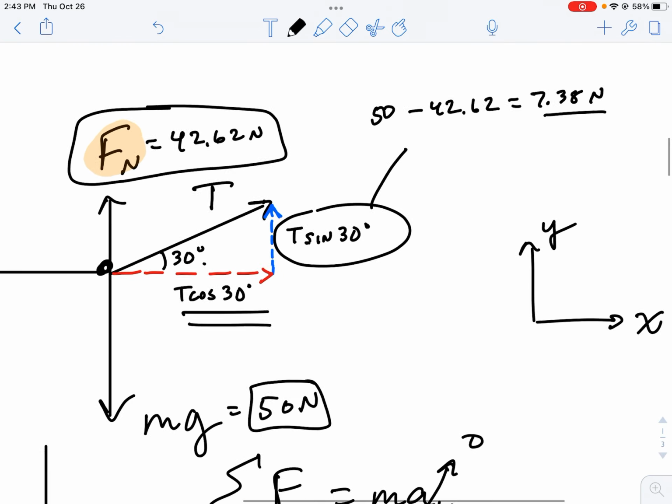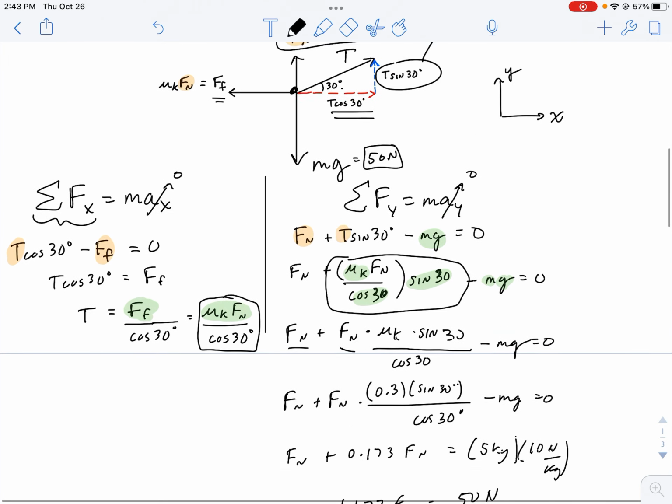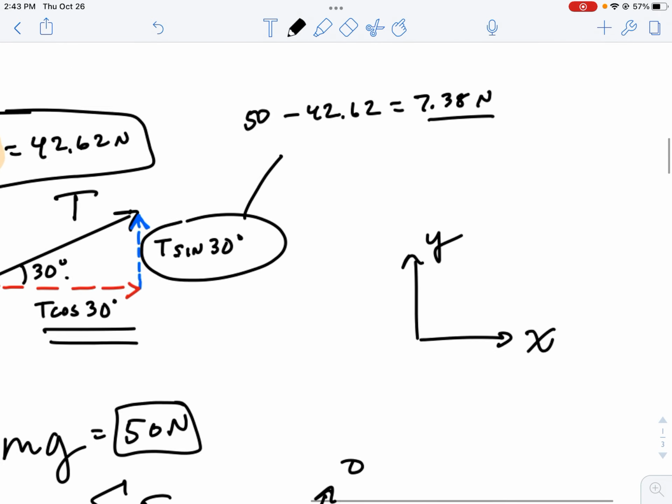We just figured out T sine 30 is 7.38 newtons.